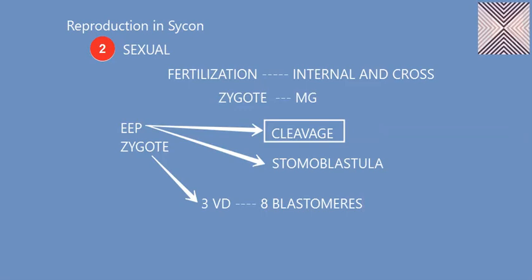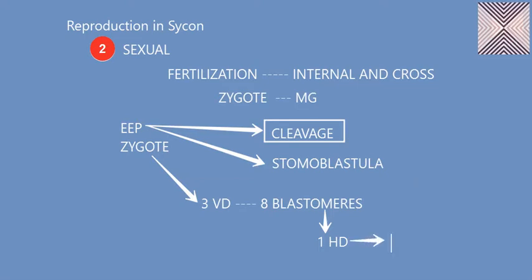Now these 8 blastomeres undergo the next division, but this division is horizontal. So this is a very important part. So we write here 1 horizontal division. So this horizontal division will give you how many cells?